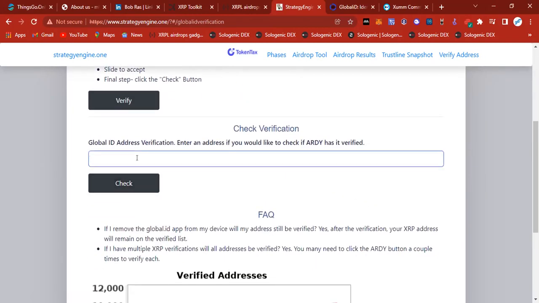So let's check Global ID verification. How do we do that? Internet address. Oh, okay. So what I have to do is get my address.